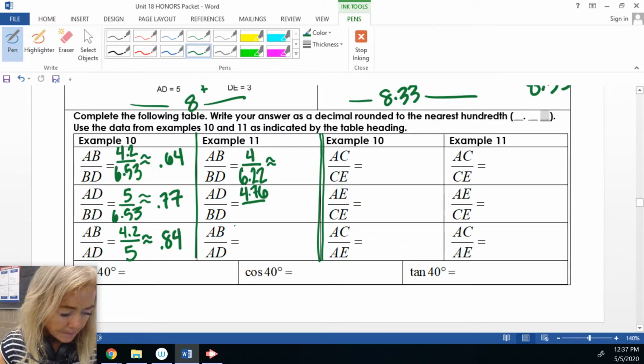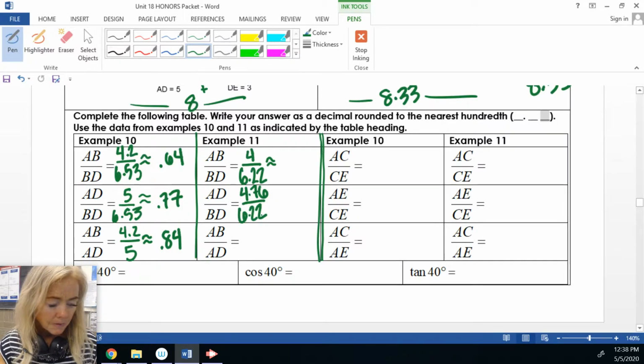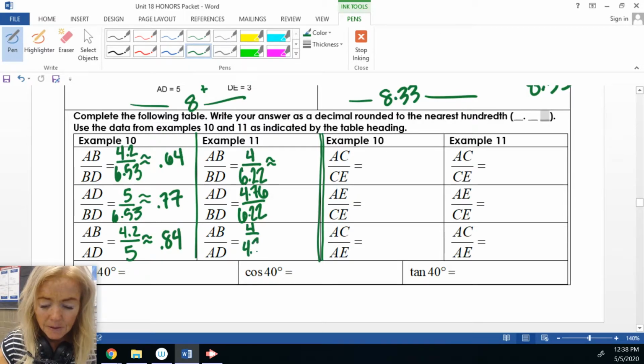And BD, the hypotenuse again, is 6.22, on the smaller of the two similar triangles. Note that they are similar triangles, so we're just taking side ratios. And then AB is 4, and AD is on the bottom, the horizontal, 4.76.